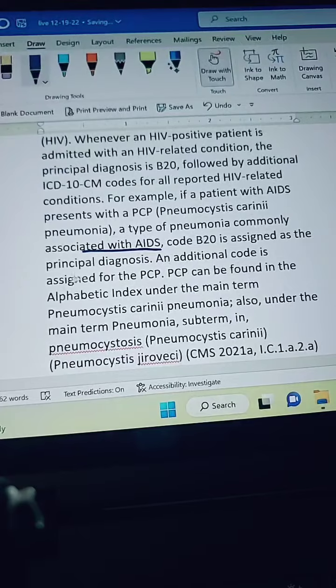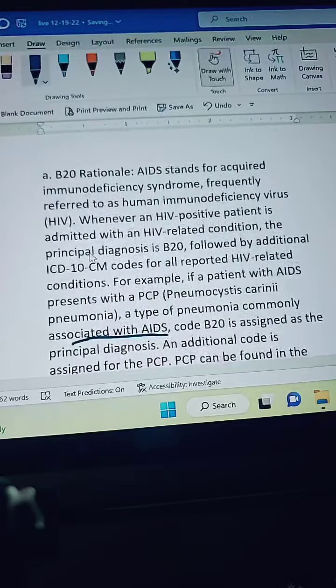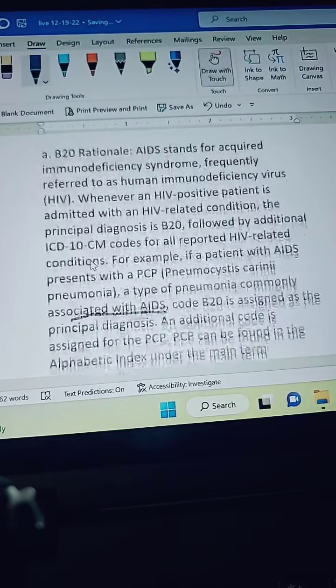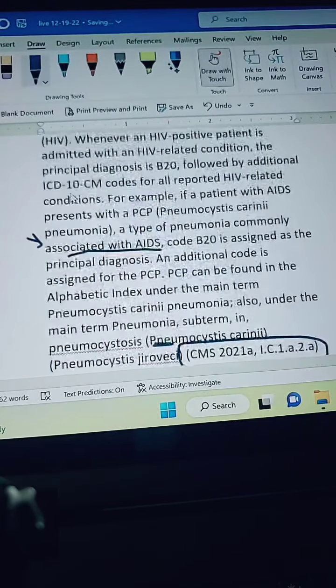So it's associated with it. Just having pneumonia due to a staph infection might be something different, but this particular one is due to AIDS. They consider it AIDS, not even HIV. So according to the guideline, if we see this diagnosis, our AIDS goes first. And I do have notes for that too, for all the HIVs. So you'd know that one too.